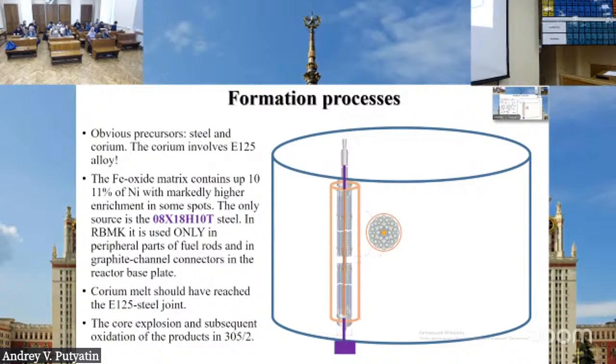Then you can make a special compartment in the reactor building which traps the corium and cools it very rapidly. And the main effort in making this corium trap was to create special types of so-called sacrificial materials. The materials, for example, types of concrete, which interact with molten corium and cool it down very rapidly.